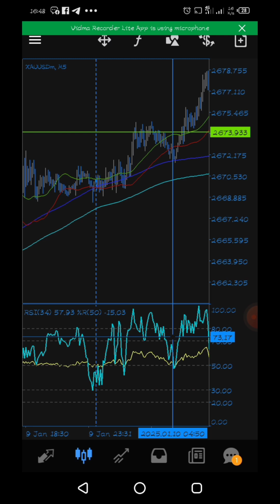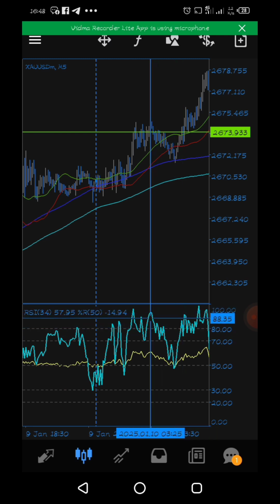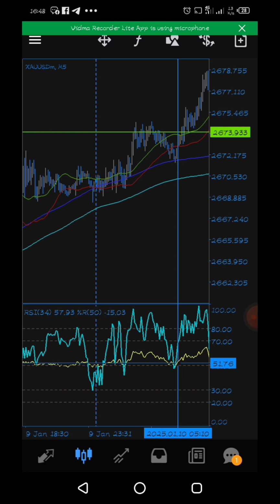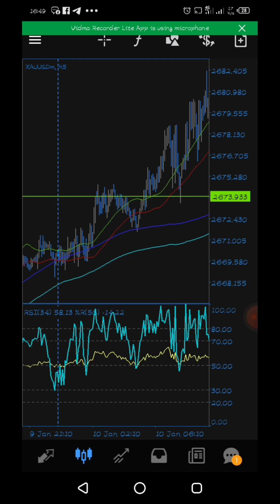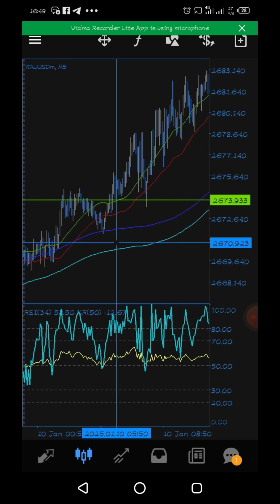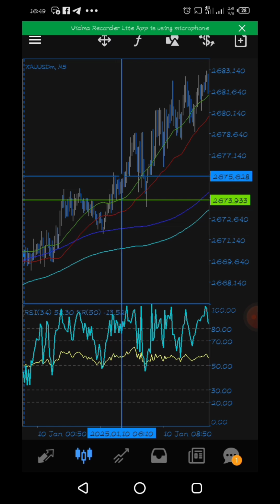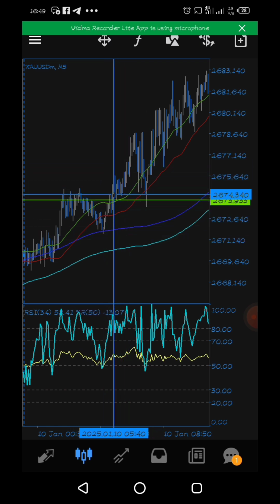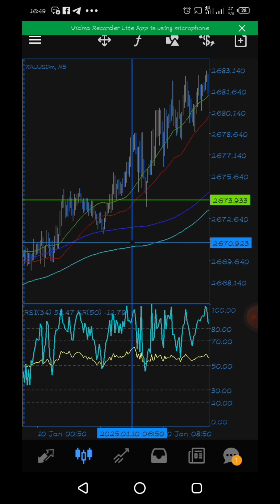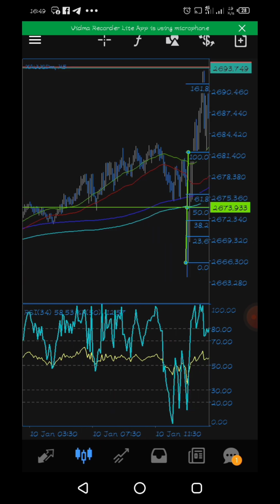And as long as both are above 50, we're in a buy trend as well. And as long as the candles are above the two moving averages here, that means we are in a buy setup. So that's all about the setup here.